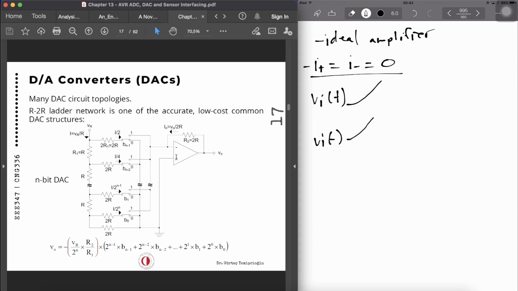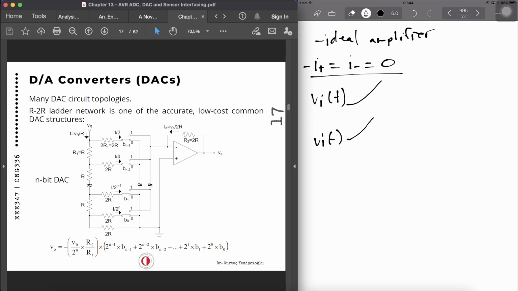And then, if you remember, this amplifier is really amplifying the difference between Vi plus, the positive terminal, and Vi minus. Therefore, when Vi plus increases, the voltage at the output V0 of the amplifier will also start increasing. So we are basically increasing the voltage at the negative input, Vi minus.